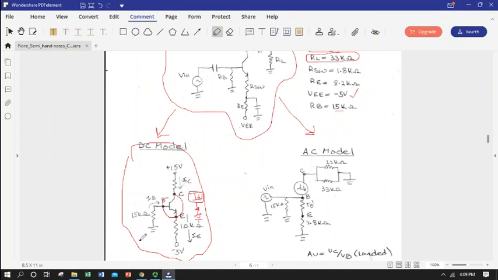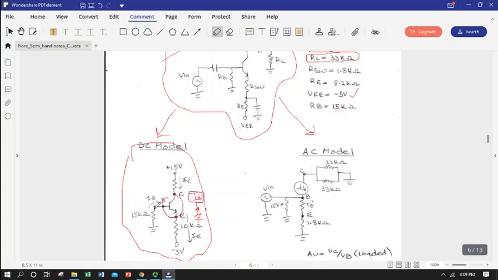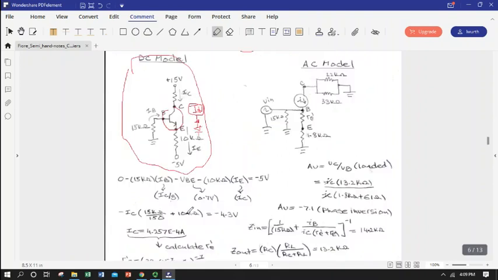And so we've done several circuits like this, and we can use the beta of the transistor, which we were given as 150, and do our Kirchhoff's voltage law loop from the base to the emitter, where we know what that junction voltage is, and use that to get our I sub C, to get our transistor operating point.